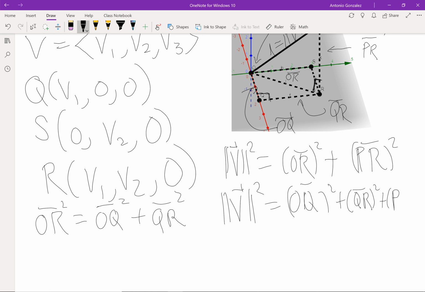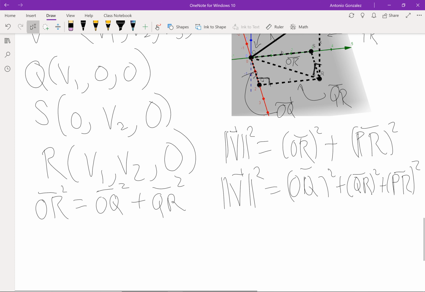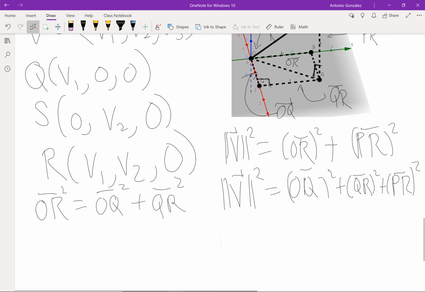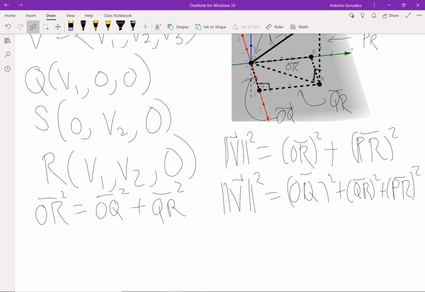Plus PR squared. Okay, and if we find the distance from O to Q, looking at that there, well, that's just a straight line. That is V1 squared.